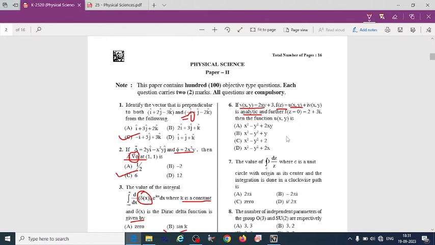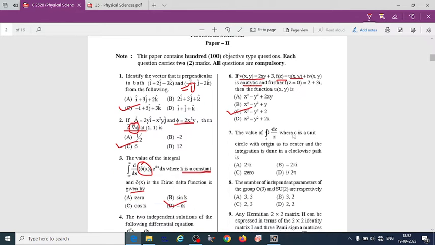The answer for this question must be, you must get the analytical for this function. The answer must be option 3.